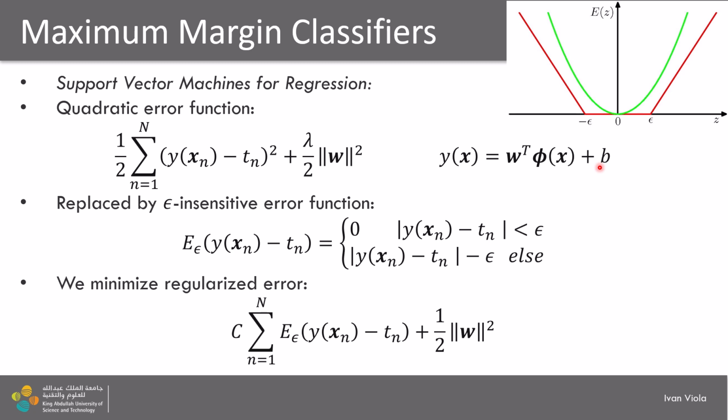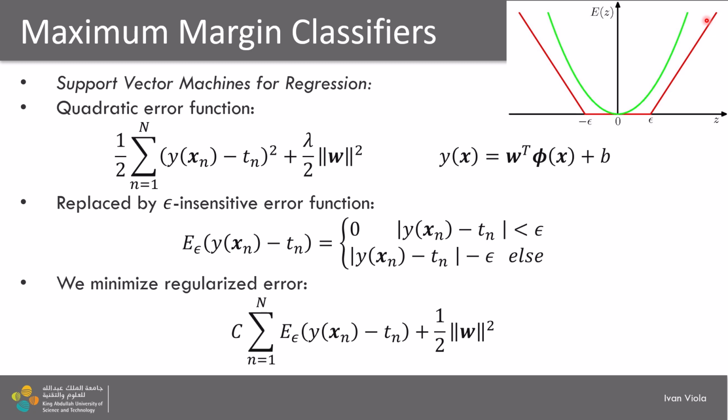Now we will reformulate this quadratic error function into the epsilon insensitive error function, whose profile looks like this. Here we have the standard error function, which has a certain error associated with it as a parabola, and here we see another error function, the plot of the epsilon insensitive error function.